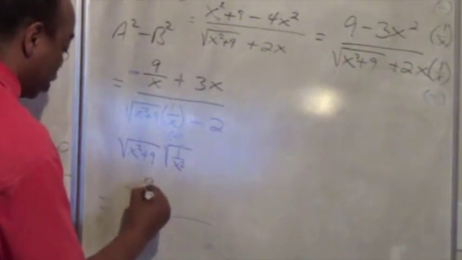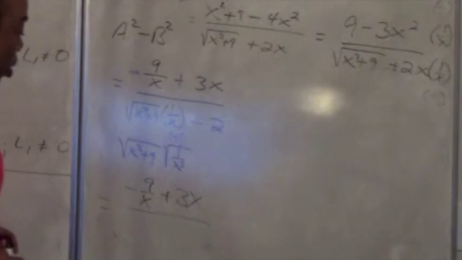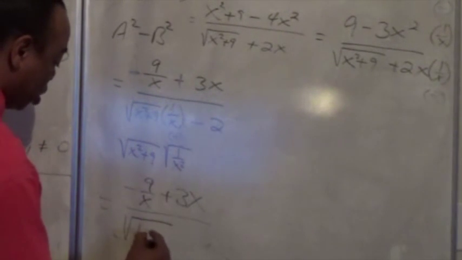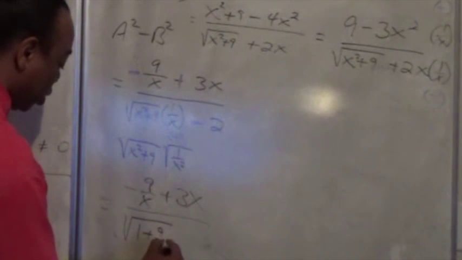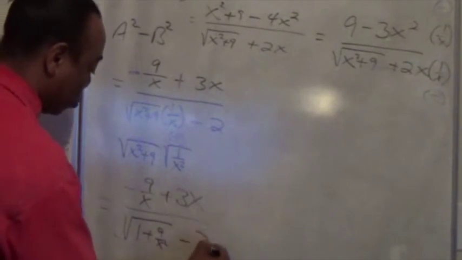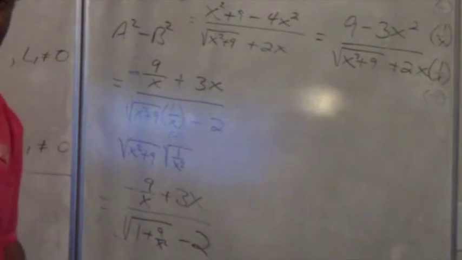We have a negative 9 over x plus a 3x. Inside here we have a root that has a 1 plus 9 over x squared and a negative 2. Alright, we're going to start taking limits of all of these.